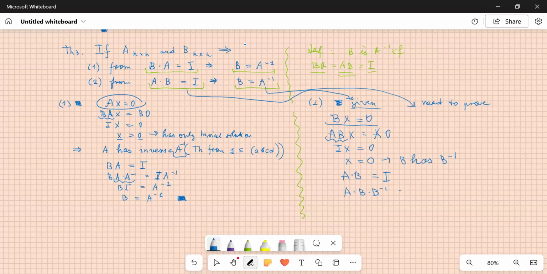As usual, this is identity, this is A, this is B inverse, and I'm going to get A equals B inverse. Well, it's not exactly what we wanted to prove, right? We actually wanted to prove that B is A inverse, but we proved that A is B inverse.